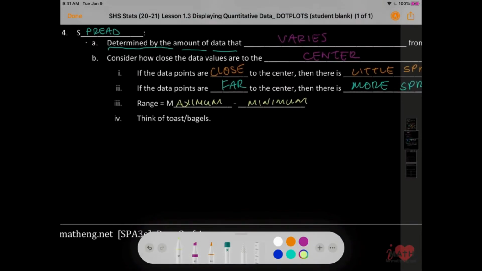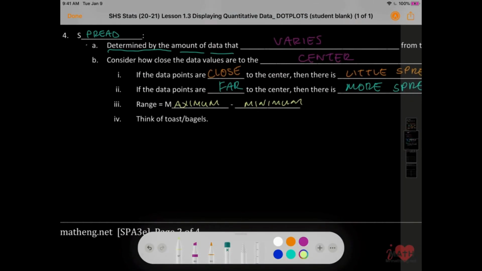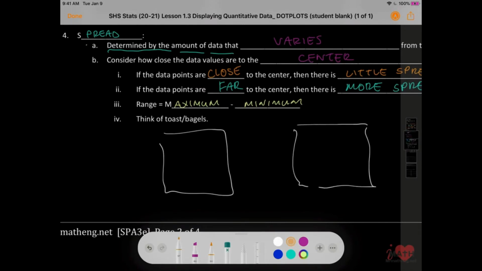And then here is my example. Here are my 2 pieces of toast, and we said if the data points are close together, pretend you have a toasted bagel. Let's just say this is your jam. When you plopped the jam onto your bread, it was just really close together. That means there's little spread, right? You're thinking, well, I've got to get my jam all the way to the edges.